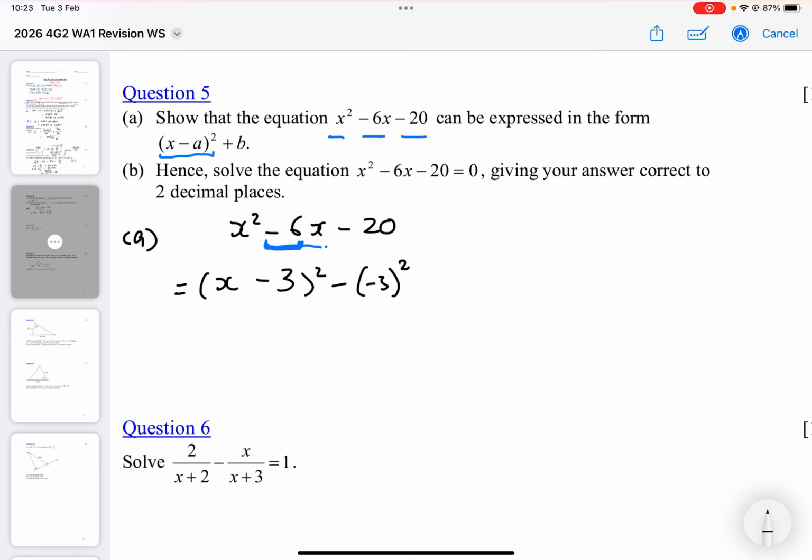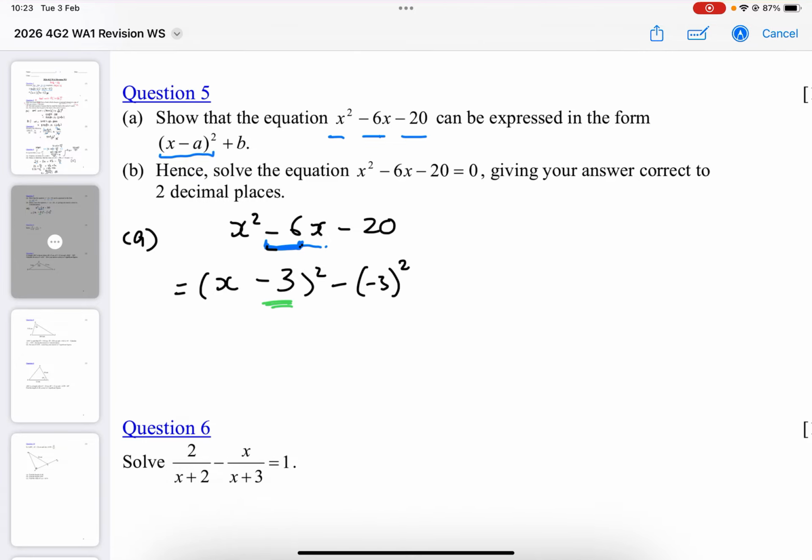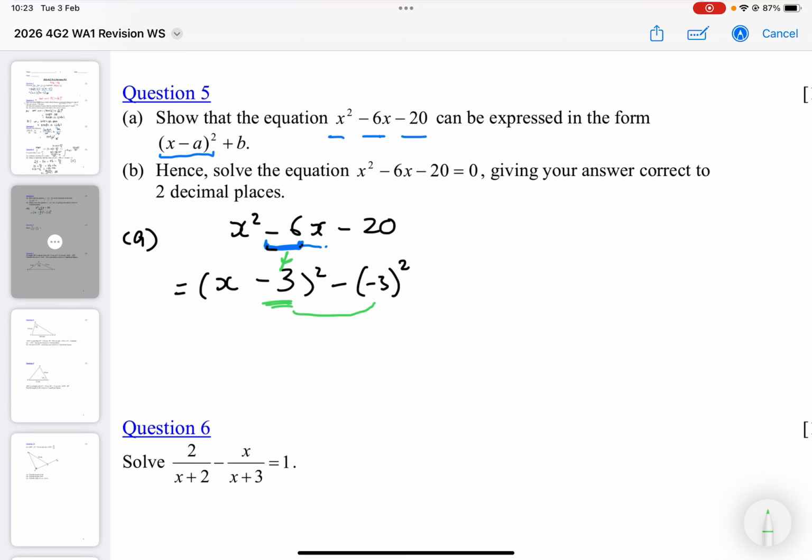Then I must minus it back away. So it is always take the minus 6, divide by 2 to get this number, then always minus back whatever number that you write here, minus this number squared. Then you always put this number here to subtract it away after being squared.